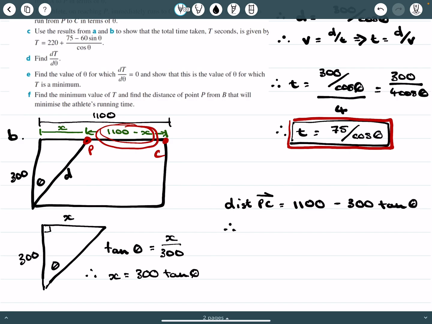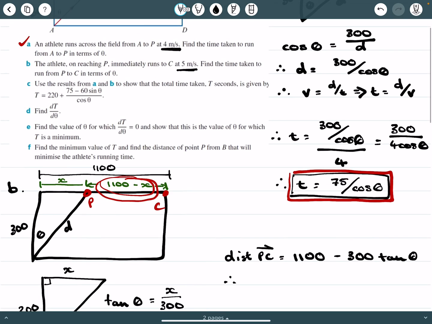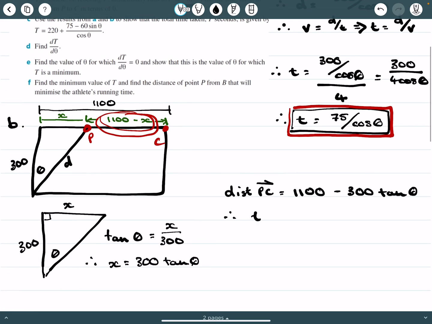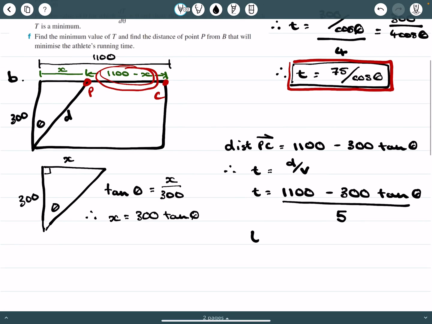Now, I also know that the speed the runner is taking is 5 meters per second, and I can use time equals distance on V. So the time here is going to be 1100 minus 300 tan theta, all divided by 5 because that's the speed of the runner.